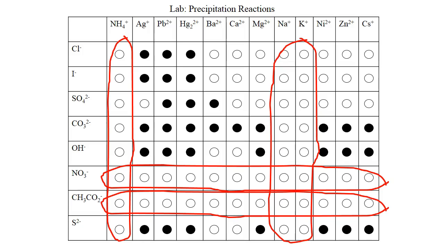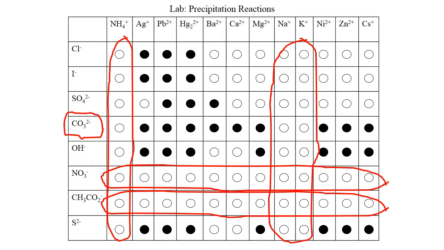Now sometimes you can't really categorize something as an always or a never, but sometimes you can say usually. These are the four solubility rules I definitely want you to remember: ammonium, alkali metals, nitrate, and acetate. They form soluble salts. If they are not one of those, you can assume that they are insoluble. However, you can see that carbonates are usually insoluble.